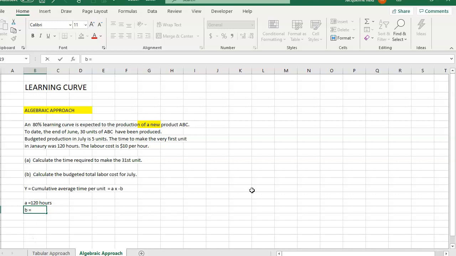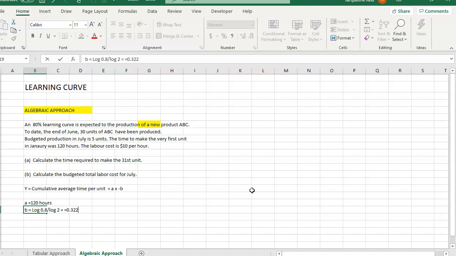To get the decimal for b, it's the log of 0.8 divided by the log of 2. Now, that formula was given to you in the first PowerPoint, the first YouTube video. But normally in the examination, I would tell you what b is.